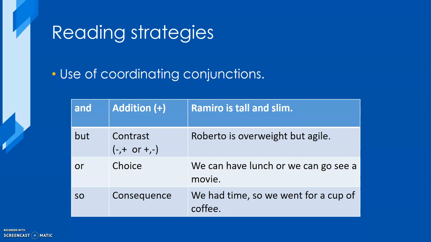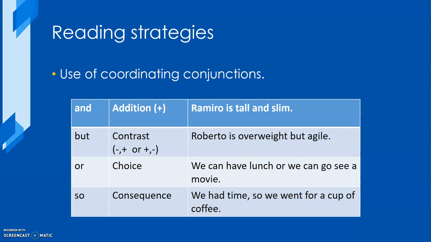For example, and shows addition. Ramiro is tall and slim. This is that Ramiro has two characteristics. He is tall and he is slim. But shows contrast. It means that you're going to have something negative and something positive, or something positive and something negative, or something that is totally opposite.